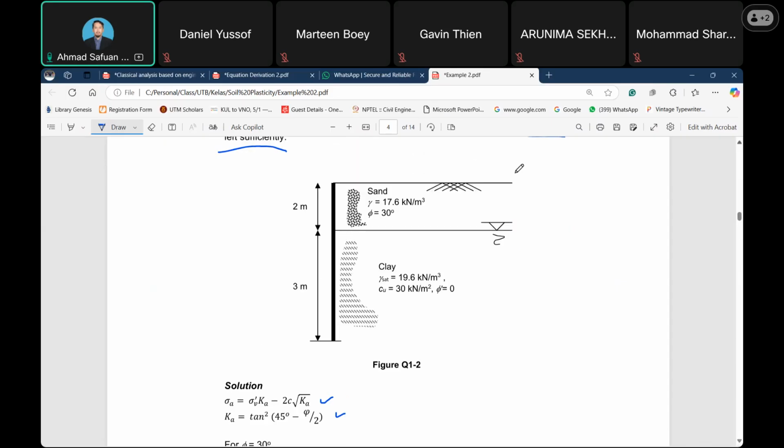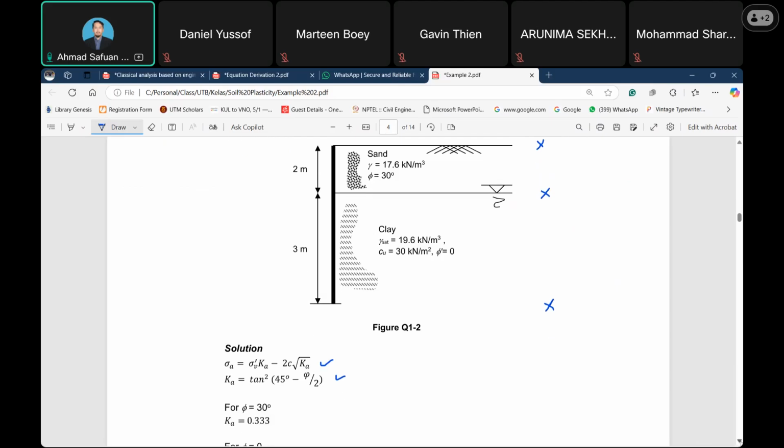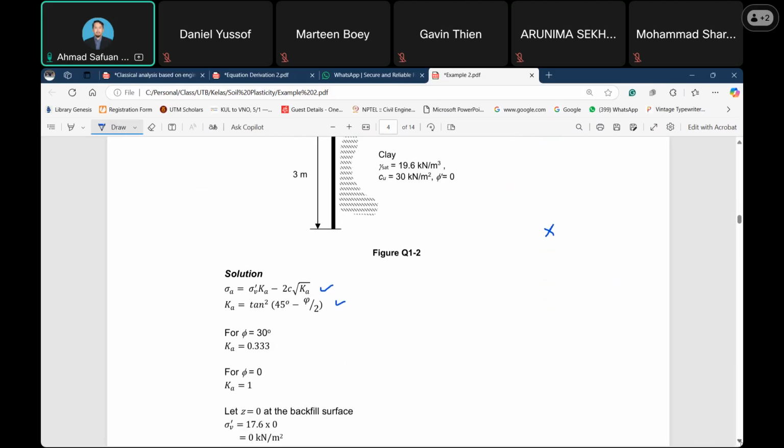As I mentioned, start first with the initial, continue with any changes of the soil, and then at the end of the toe. So we have 3 locations that we need to consider.